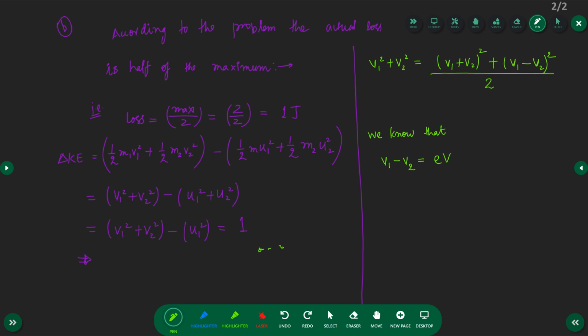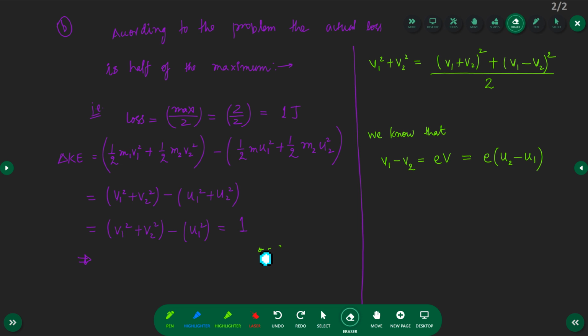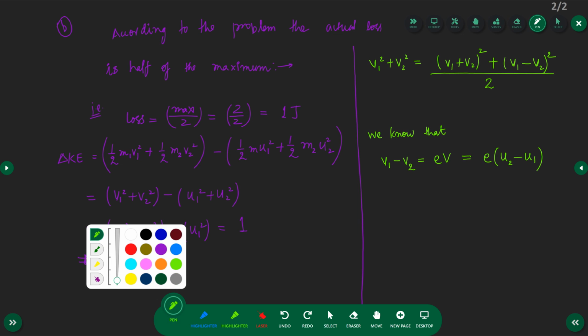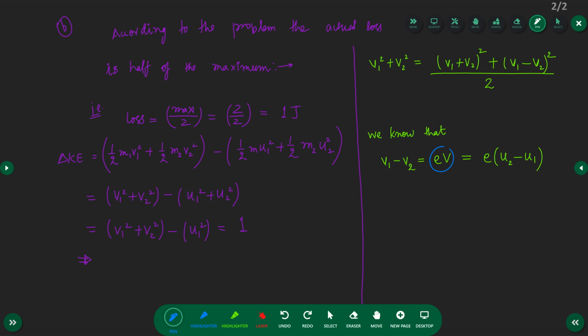I don't want to write it directly, but this can be written as E into (U2 minus U1), correct? For a second, if we forget this part, can we write directly this is equal to this according to the definition of coefficient of restitution?